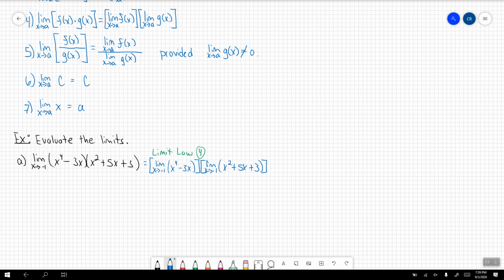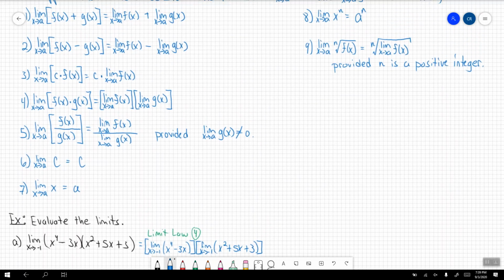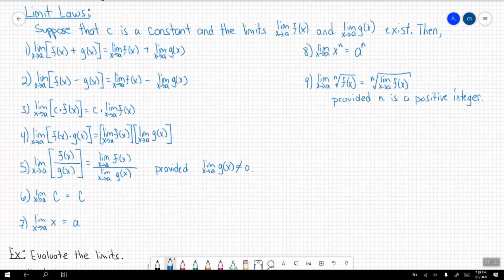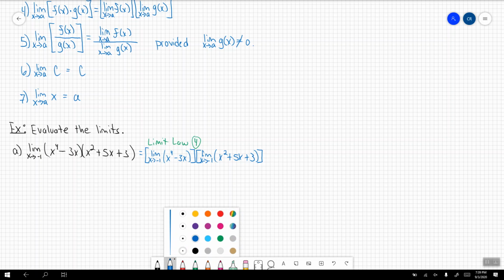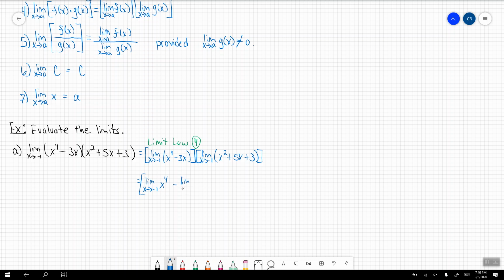Now what I can do is I can say, okay, now identifying each individual limit, I can then start using the rest of my limit laws. So for the next step, I'm going to use limit law 1, or in this case limit law 2, which says that if I have the subtraction of two functions, then I can take the limit of each individual function and subtract those results as such.